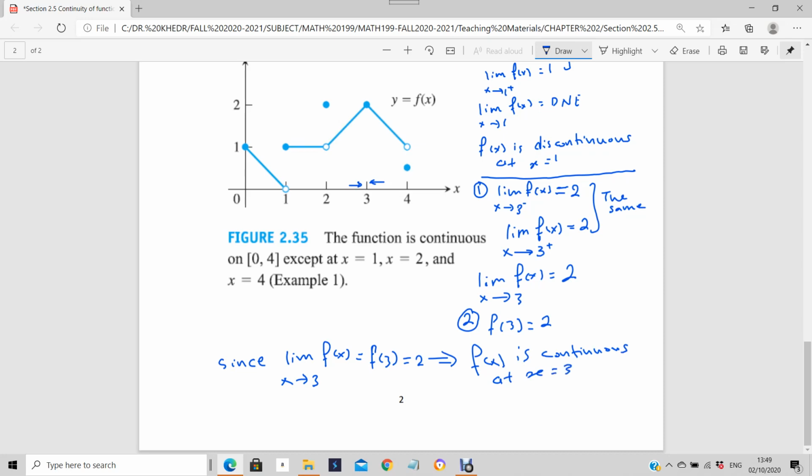So at x equals 3, the function is continuous, and from the graph we can see that the graph is not broken. Okay.